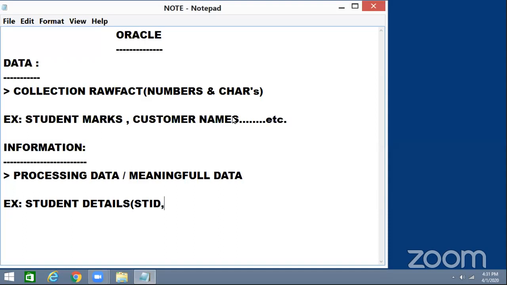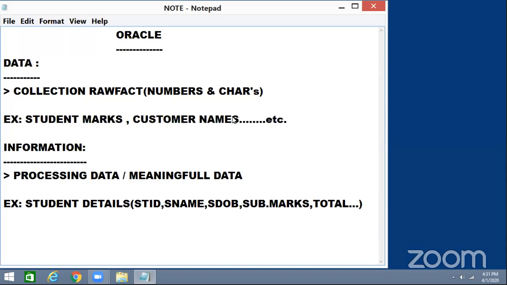Like student ID, student name, student date of birth, student date of join, and the subject-wise marks, like student total marks, etc. So these kinds of things are coming out as the information.